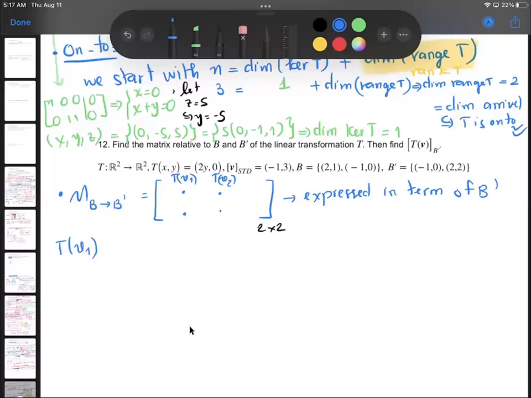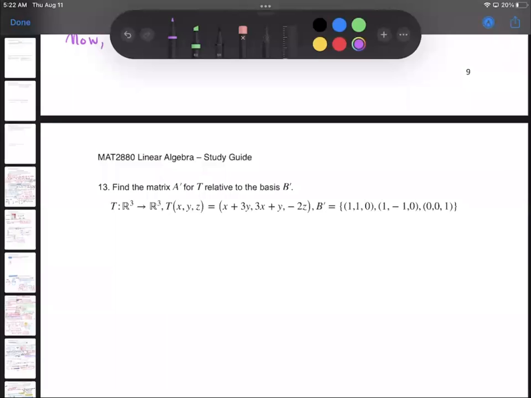Number 13. Find the matrix A prime for T relative to the basis B prime. I think this is considered a relatively easy problem, right?